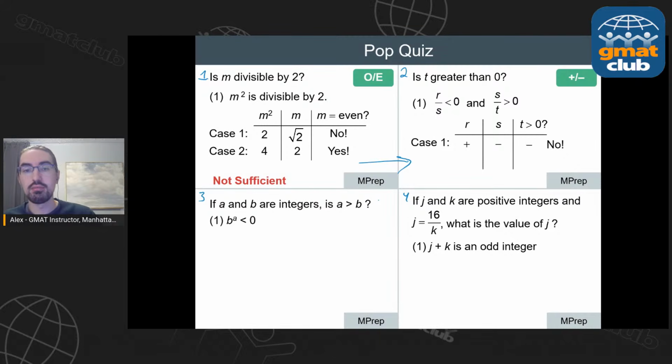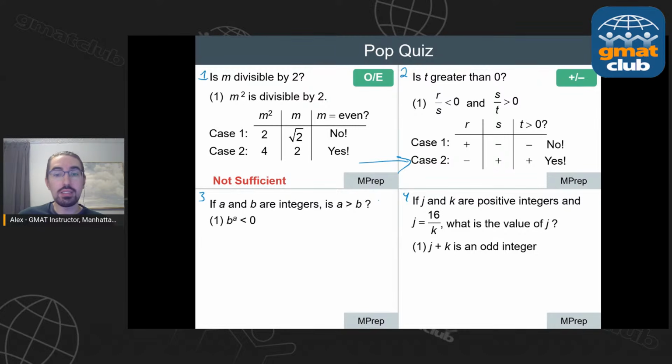In that case, S obviously would be the same. So S would be negative on top of T. And if that's going to be a positive result, then both top and bottom have to be negative. So that makes T negative. In case 2, if R is negative and S is positive, then T would have to be positive as well.